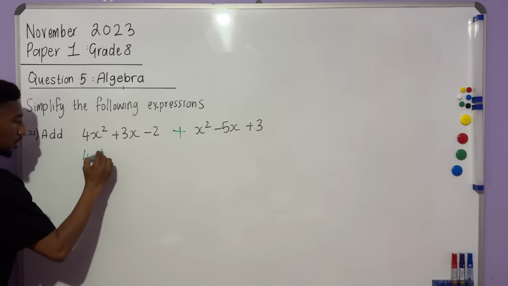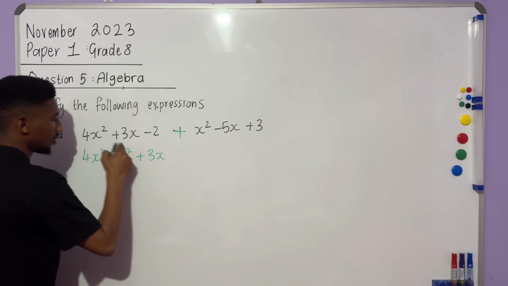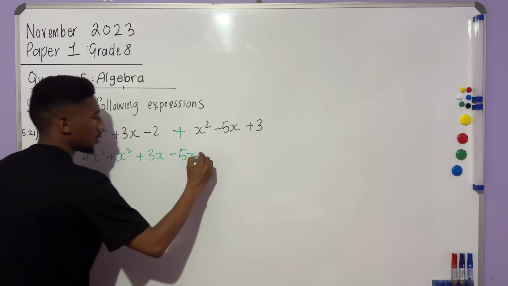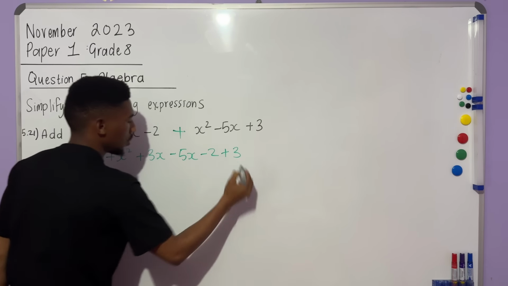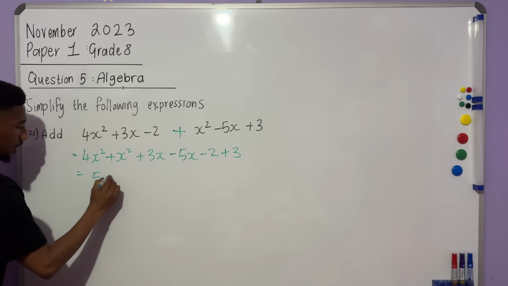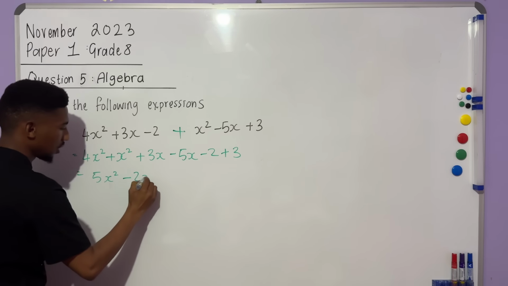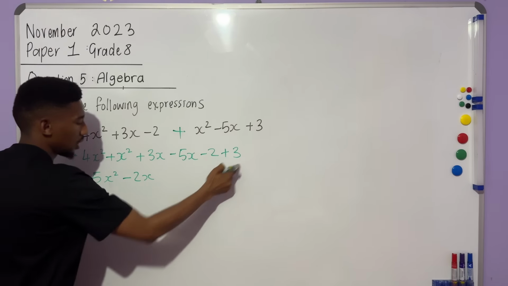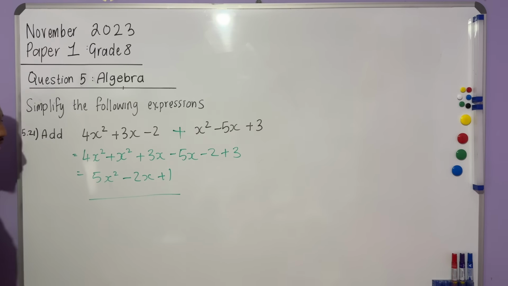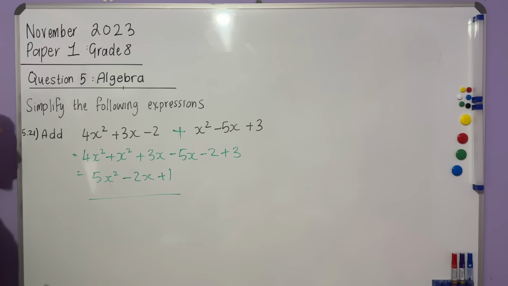So it's 4x squared, like terms is plus x squared, then we have plus 3x is a like term with minus 5x, and we have minus 2, which is a like term with plus 3. This gives us 5x squared. These are like terms as well. They give us minus 2x, and that gives us plus 1. We stop here because there are no like terms. The exponent is different. There's no x.